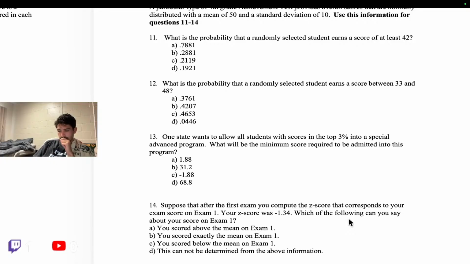Negative 13.4 plus 50 is 36.6. Considering the mean is 50, we scored below the mean by a lot, which is why we're in the lower percentile range. So it's going to be C.